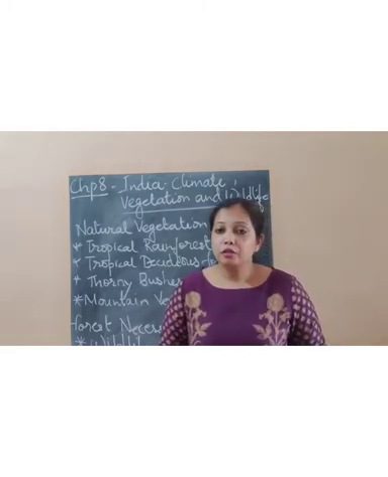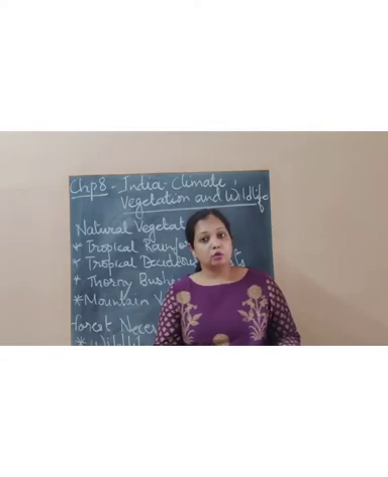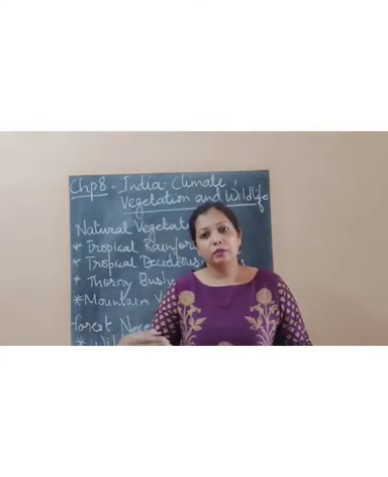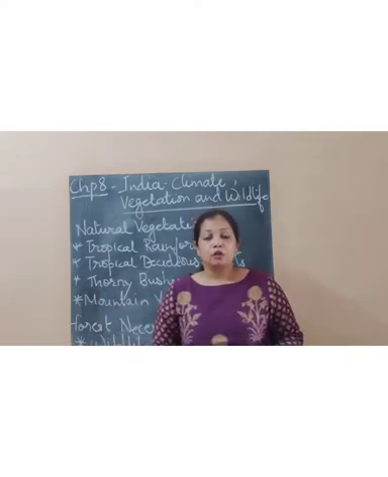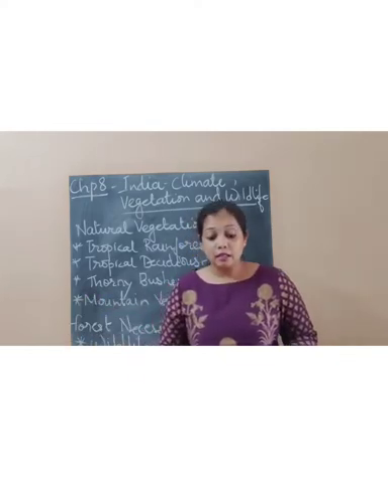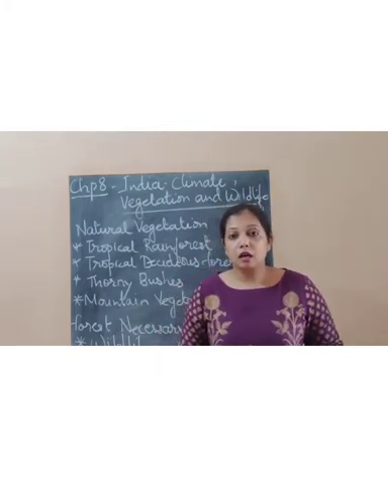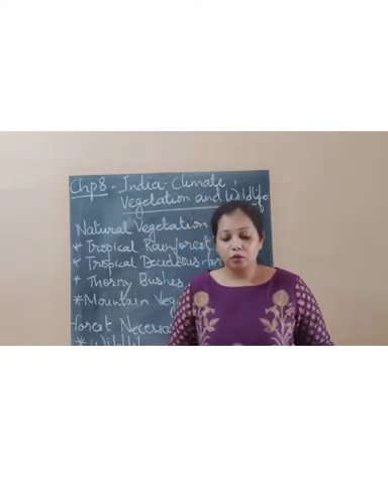Because they are less dense, lumbering is also possible. They do not grow close to each other but at a distance. Trees like neem, peepal, shisham, sal and teak grow in this region.